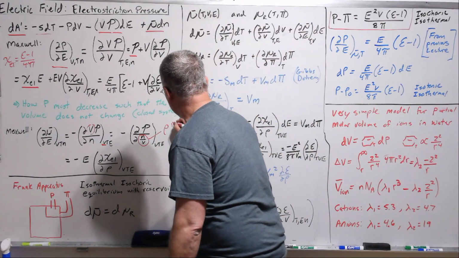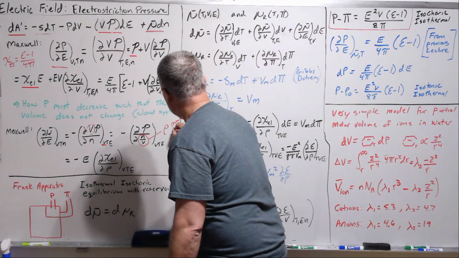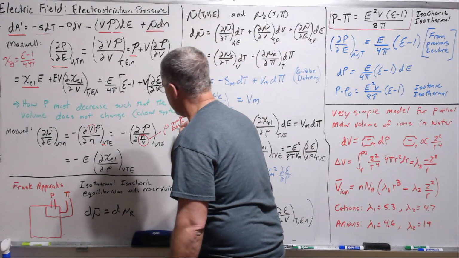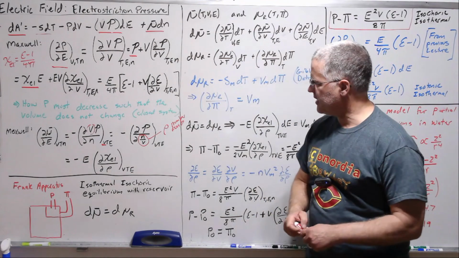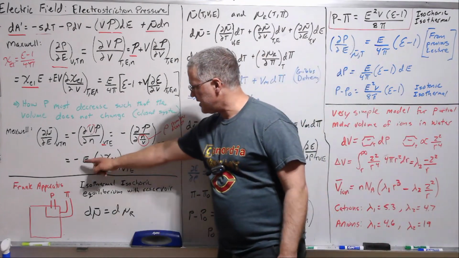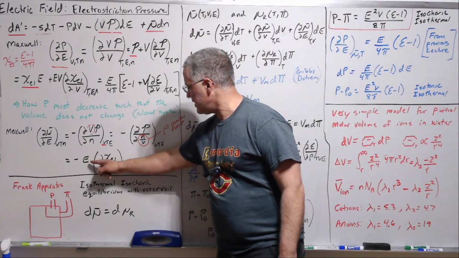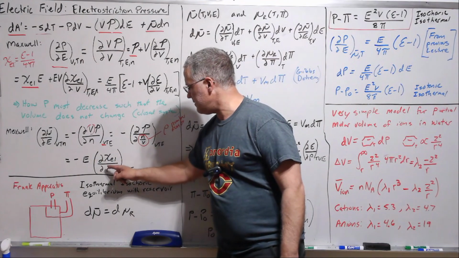So this is the number density. And then I can write this expression as minus dE d rho.